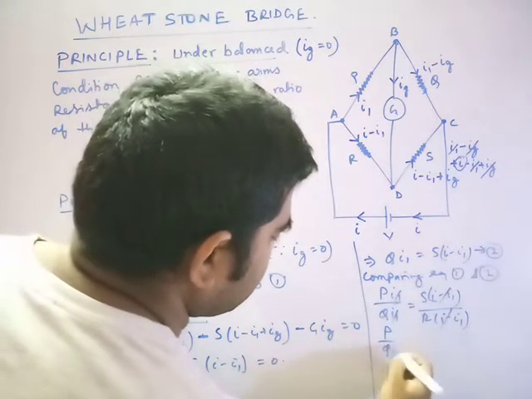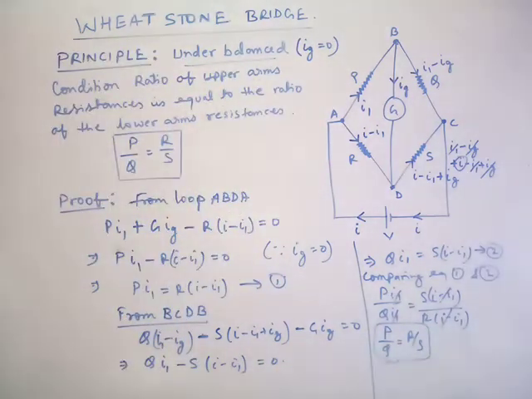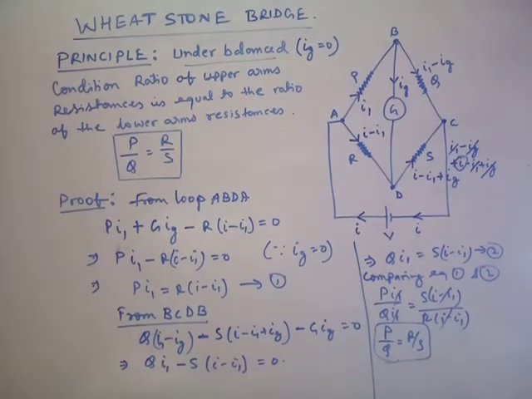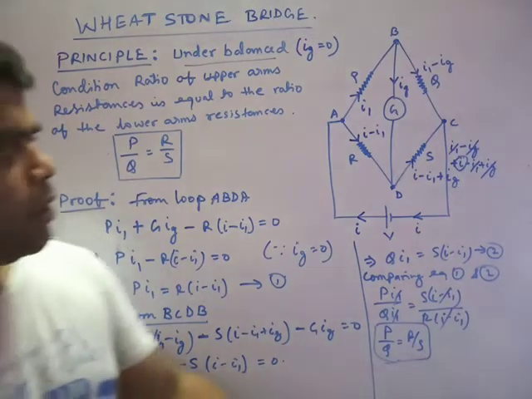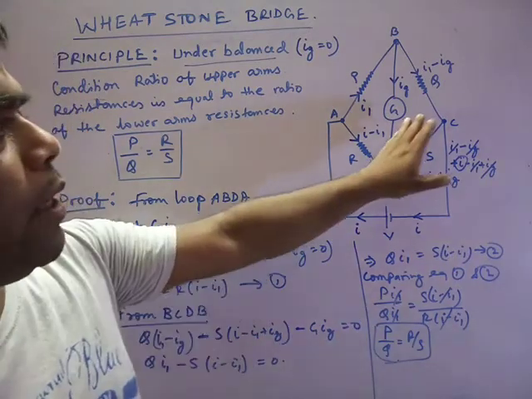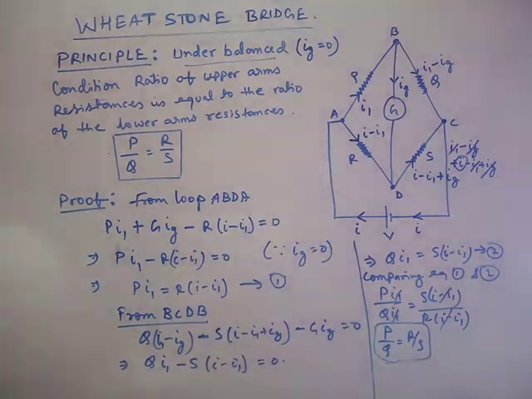P by Q equal to R by S. This is proved, because this is the principle of the Wheatstone bridge. So we have already proved this, P by Q equal to R by S. They only asked us to prove this. The condition we put here is the balance condition.